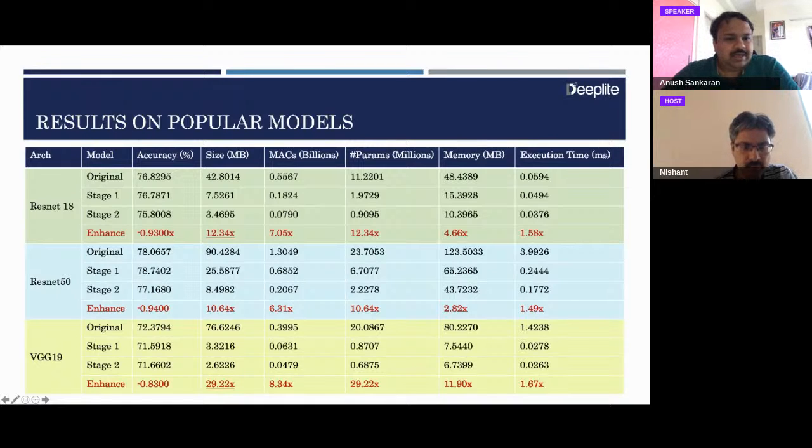What we have achieved is that in all these models the accuracy drop will not be more than 1%, so that the compressed model is always in the range of the original model. But in terms of model size, you can see that we have achieved some 12x compression, 10x compression, or 29x compression. Look at VGG19.